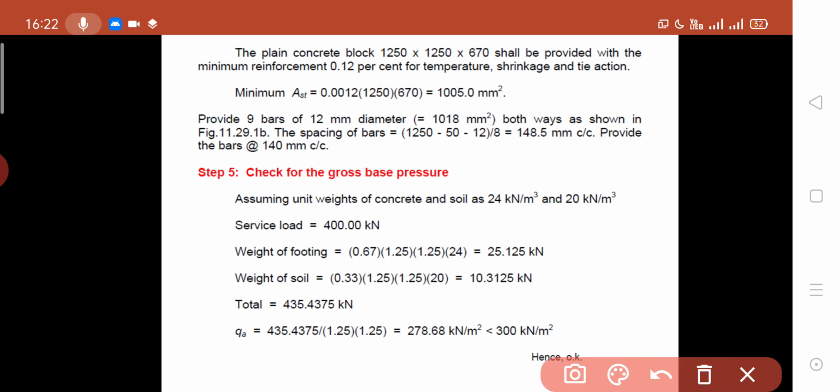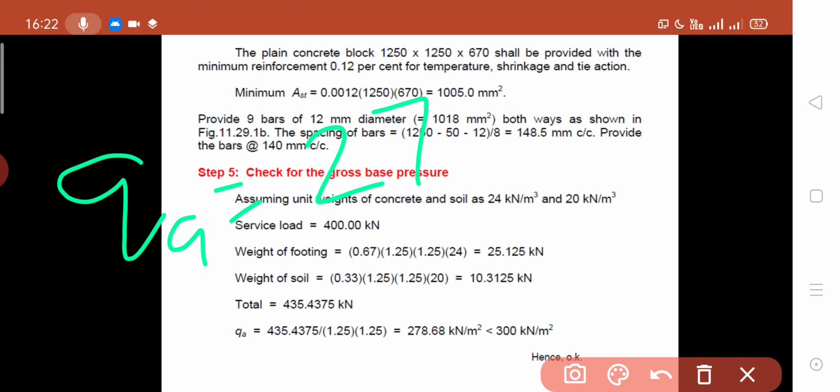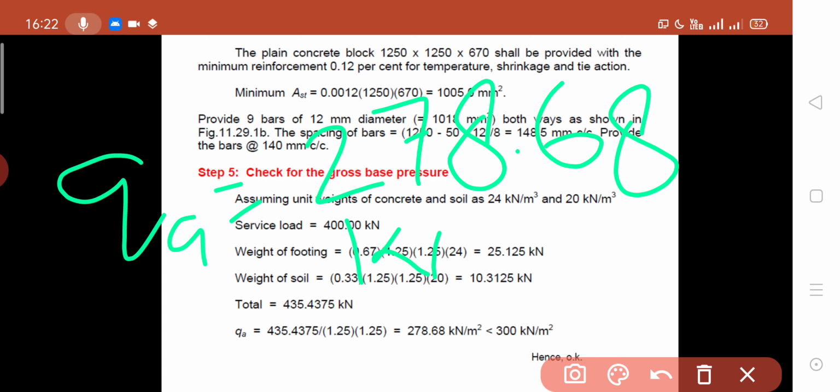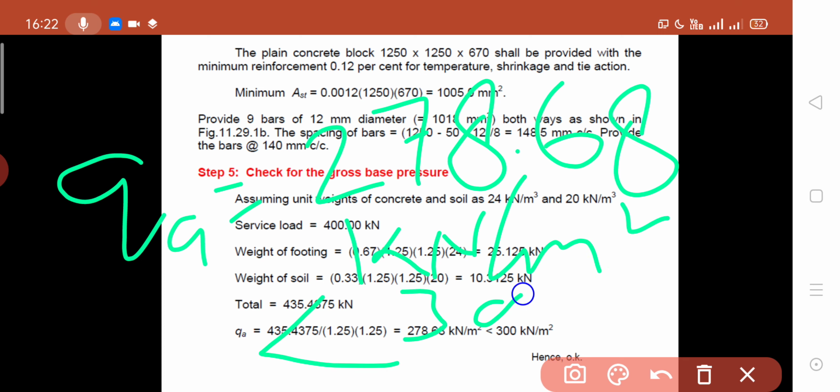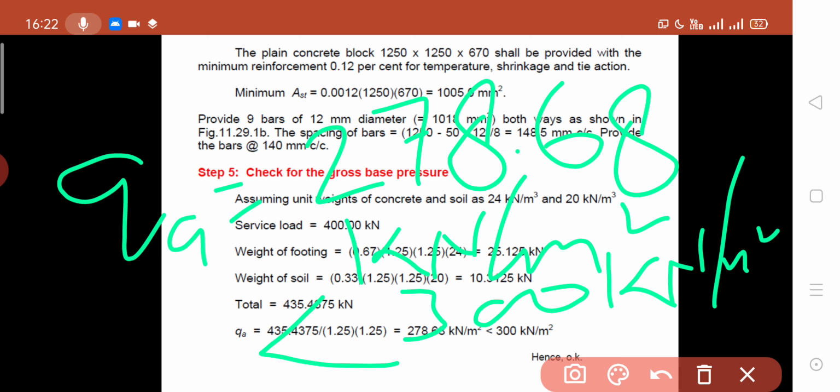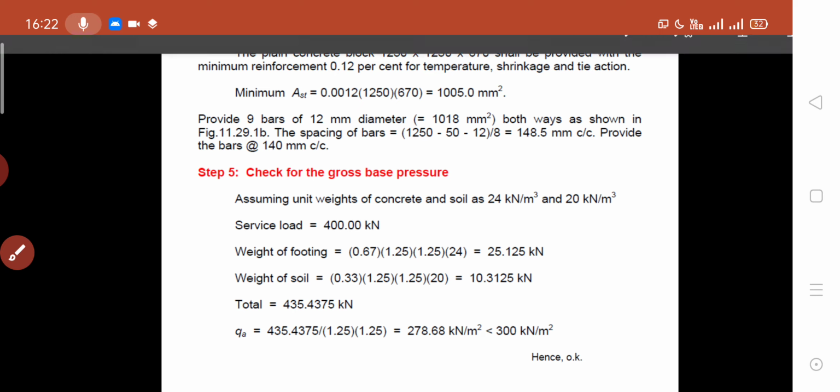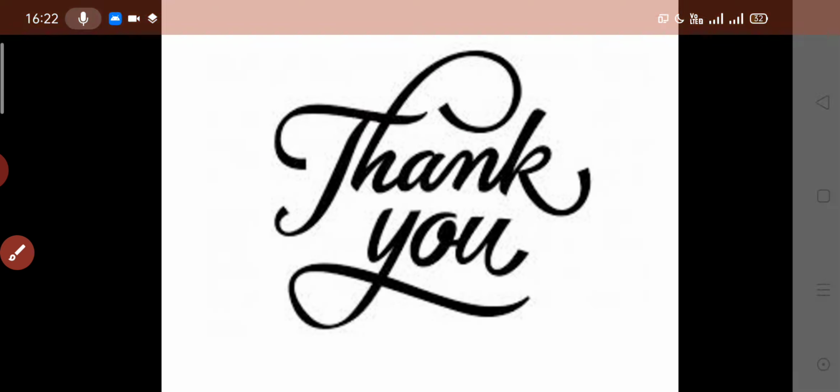So we get the value of Qa equal to 278.68 kilonewton per meter square, which is less than 300 kilonewton per meter square. Hence, okay. Thank you.